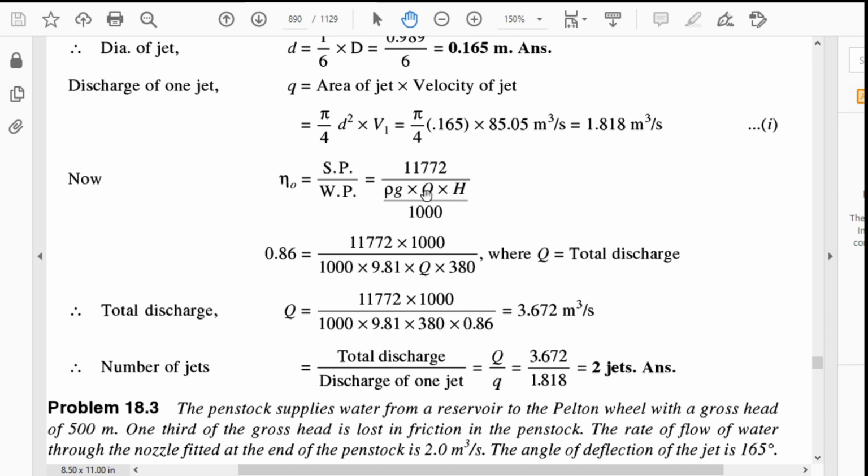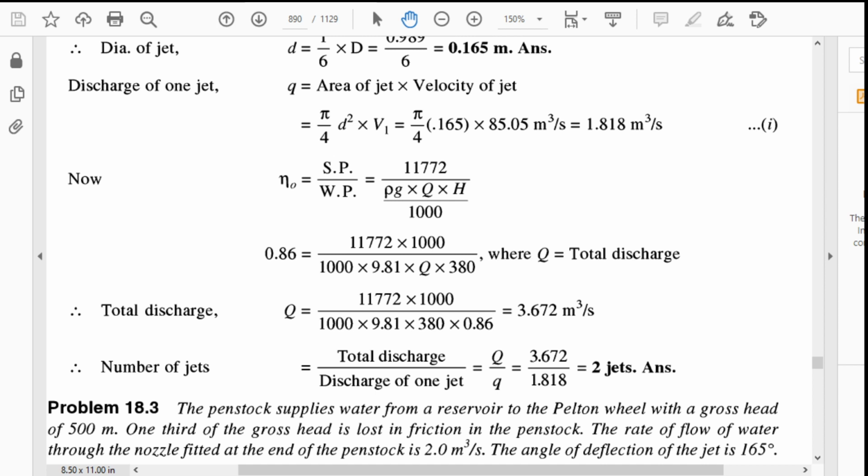So the discharge of one jet is known, and the total discharge is also known. Divide total discharge by discharge of one jet, you will get approximately two jets required for that particular Pelton wheel turbine.